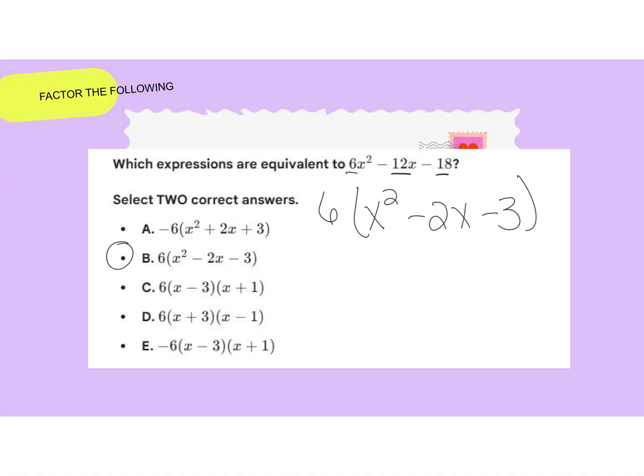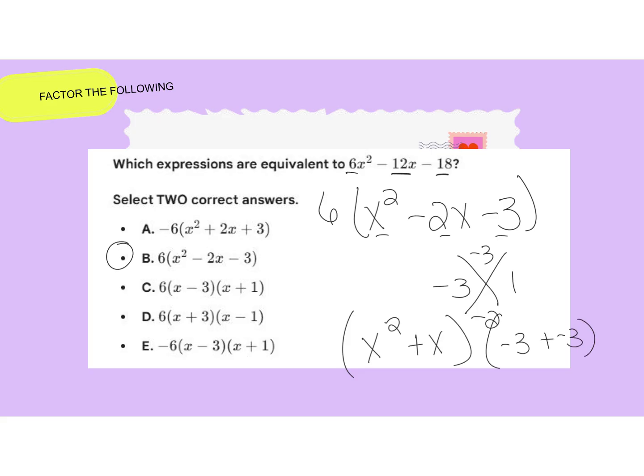Well, there's one. And now I'm going to play Xbox here. So two factors that will multiply to give me -3, but will add to give me -2. And now I'm going to split my A value. I have x squared plus x, minus 3x, minus 3.